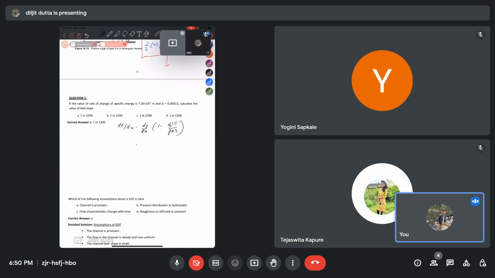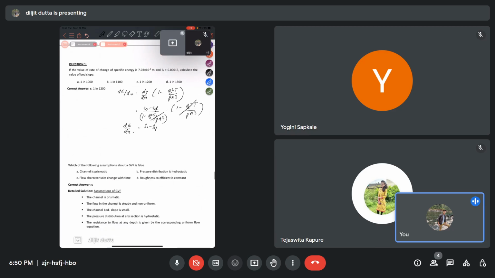If we substitute the value of dy by dx, it will be S naught minus Sf over that same term, so these terms will cancel, and it will be S naught minus Sf. Now just substitute the values: dE by dx equals 7 into 10 to the power of minus 4. S naught you have to find out, and Sf is 0.0013. If we calculate, S naught will come around 1 by 1200.